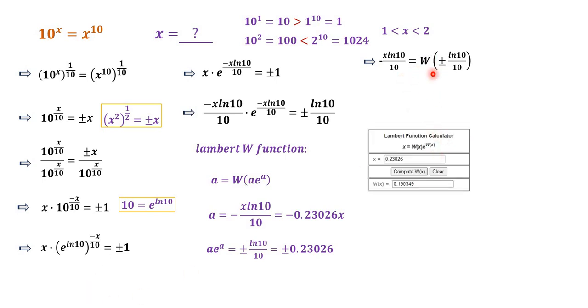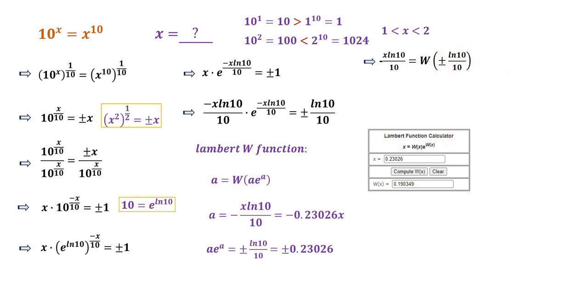So when the argument is positive 0.23026, we click compute, and we get the Lambert W function value 0.190349. So this is the positive sign.